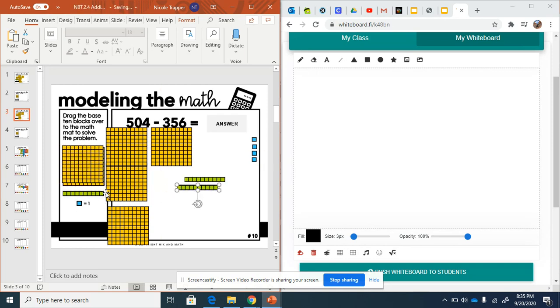1, 2, 3, 4, 5, 6, 7, 8, 9, 10. Once I have 10 tens, now I'm able to unbundle one of these tens, put that back, and take out 10 ones. 1, 2, 3, 4, 5, 6, 7, 8, 9, 10.